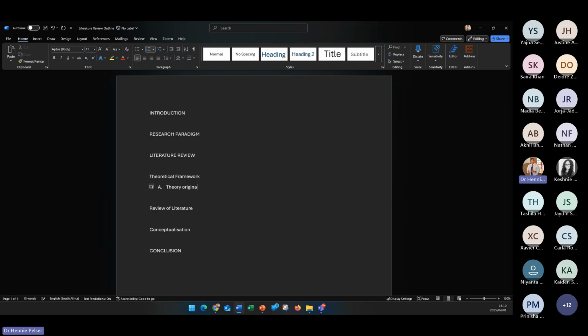So you will go and find the original individuals that had done the research on it, done the postulation around the theory, and you will describe the theory in its original format as it was designed right at the beginning. And do yourself a favor, be quite procedurized about this, because when we mark, it makes it so much easier when we can see that you followed the format that we've suggested.